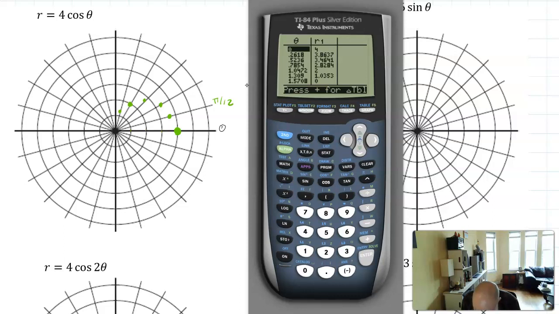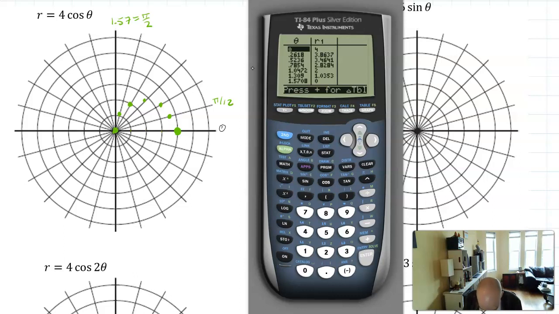Missed something. Nope, I was just reading my table slightly wrong, remembering that this is the angle, which is, I think, 5 pi over 12, and this is the radius. So this point should be at 5 pi over 12, 1.03, and then at 1.57, which is pi over 2, right? A little more than 1.5, we're actually at 0.